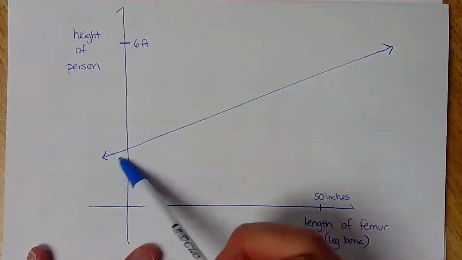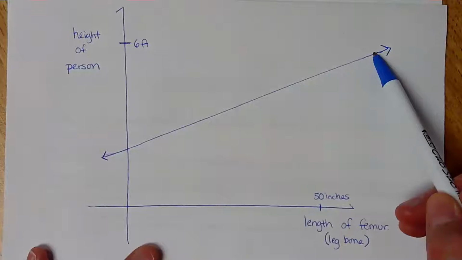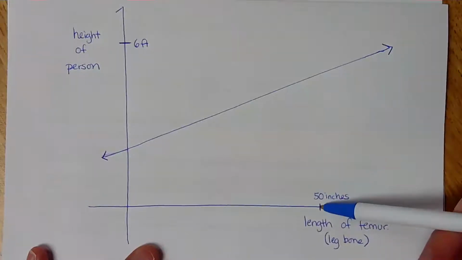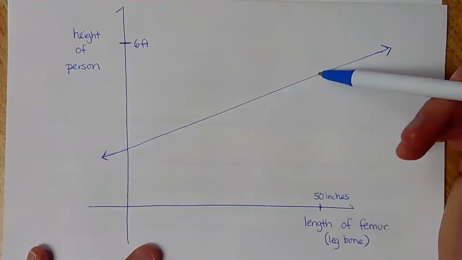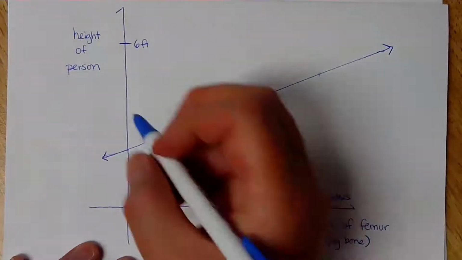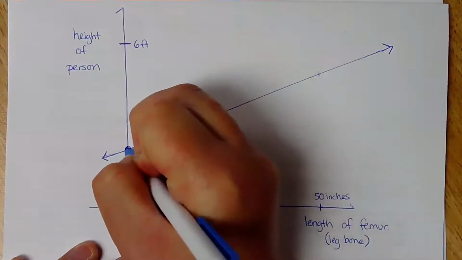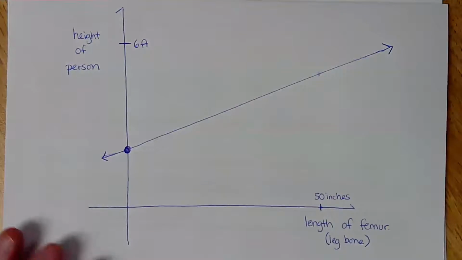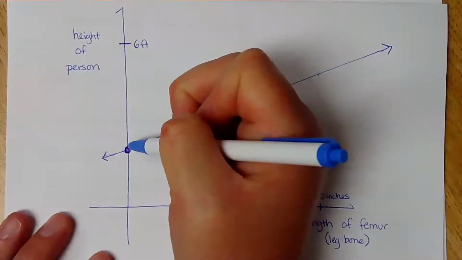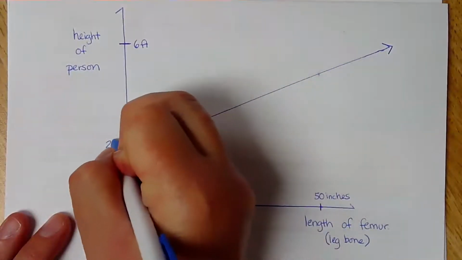So imagine this line here represents that. Maybe a person with a 50-inch femur is a little bit shy of 6 feet. That seems all well and good. Here's our y-intercept over here. So there's that b. That looks like it's at about 2 feet.